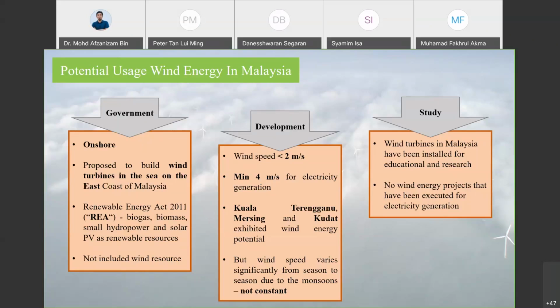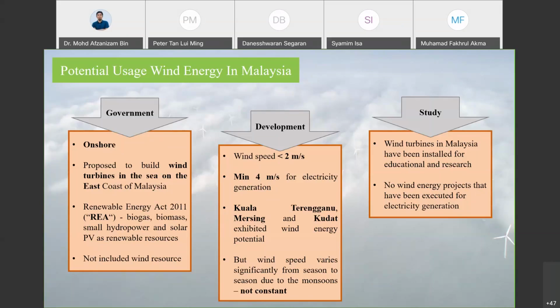So that will be hard for the government because they think that wind energy is difficult to source. Okay, the second point is about the development. To install wind energy in Malaysia, a minimum wind speed of about 4 meters per second is supposed for electricity generation. However, in Malaysia, the wind speed is lower than that, so it will be hard.